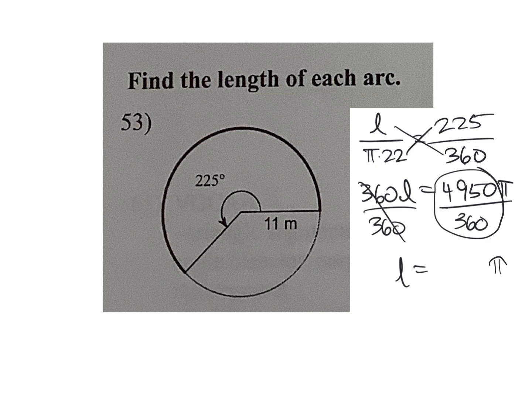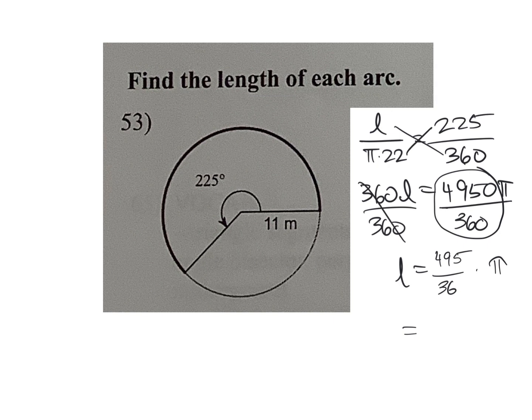Obviously, you can still figure this out as a decimal, but just in case, you have to do it like this. So we're going to reduce both of these by 10. That gives us 495 divided by 36 times pi still. And that is still divisible by 9.